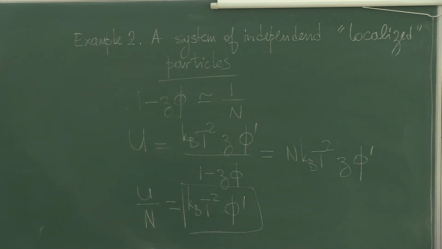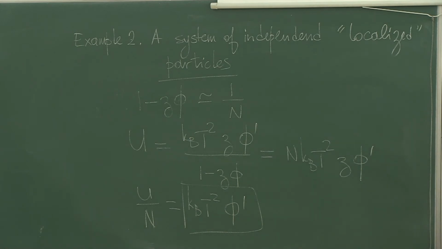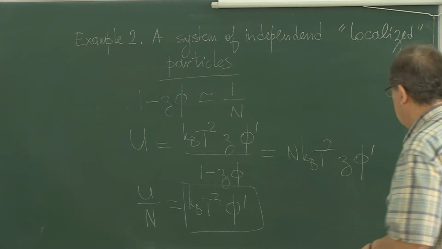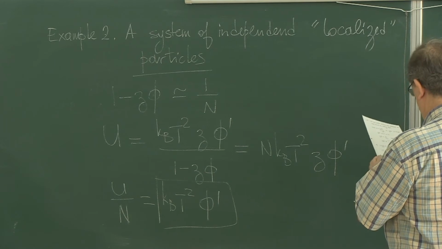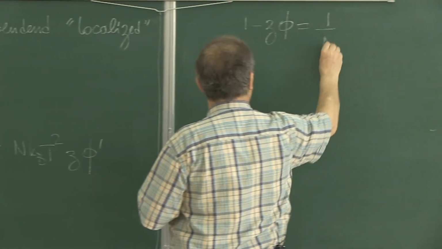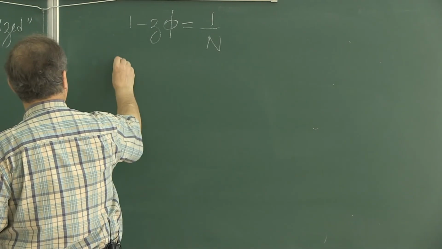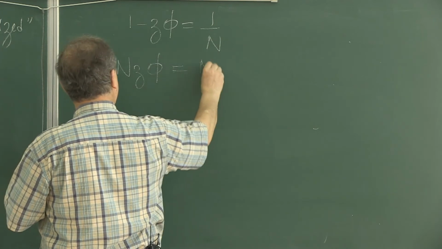Energy in terms of derivative of the single particle canonical partition function. Well, you can even do it a bit more. Because you know, 1 minus z phi was 1 over n, and z phi is n minus 1.